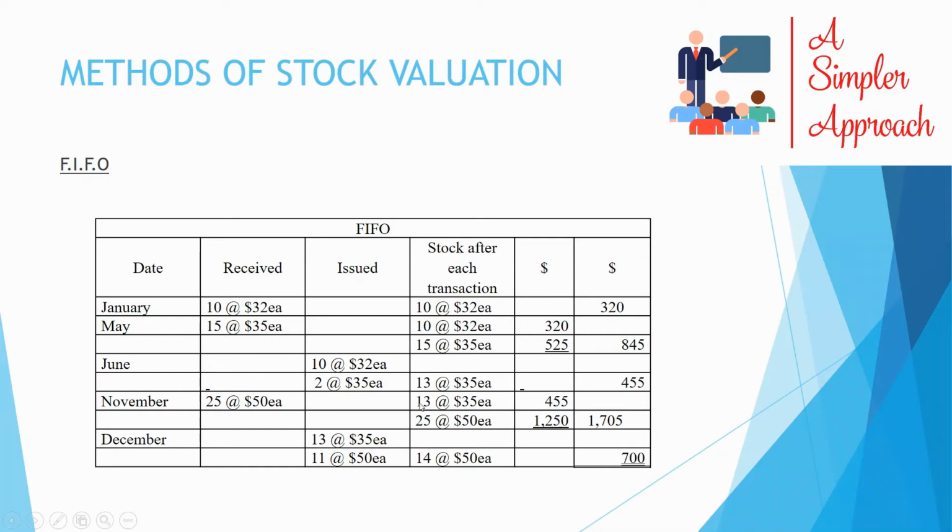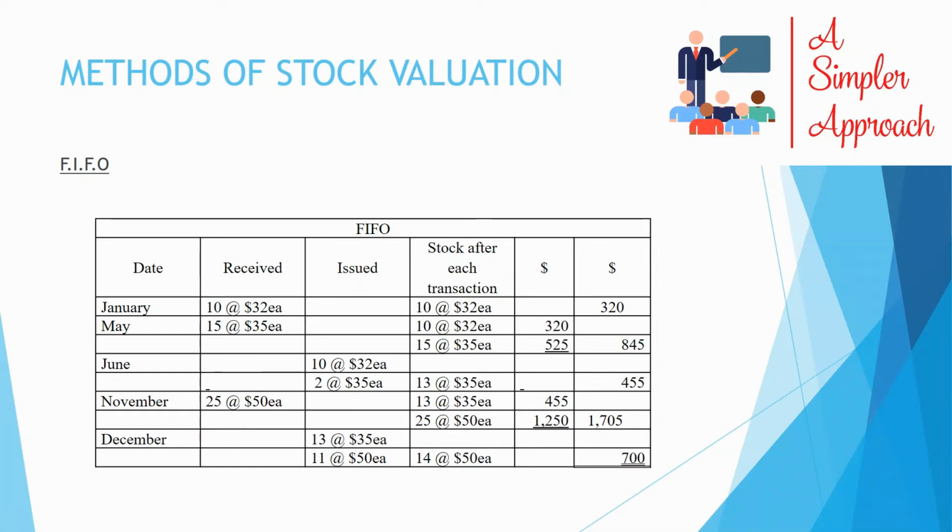Using FIFO, I am going to sell this first. 13 at 35. See there? 13 at 35. That's the first set to go. So the person needs to get 24 and I have given 13. That leaves 11. How will I take care of the 11? The 11 will come from this 25, which leaves 14.